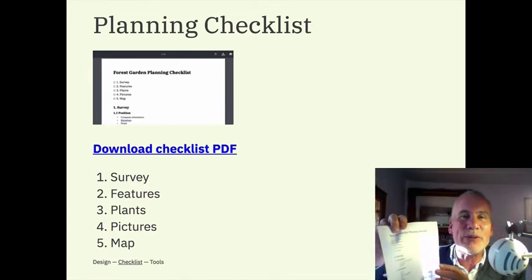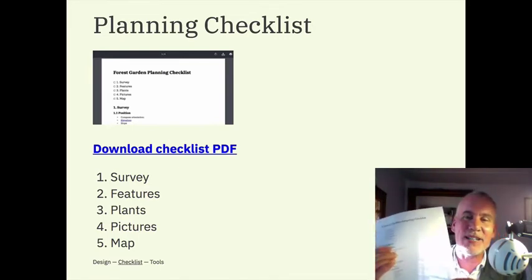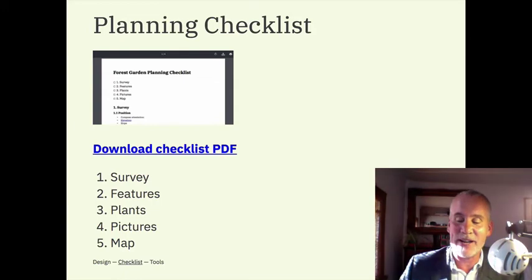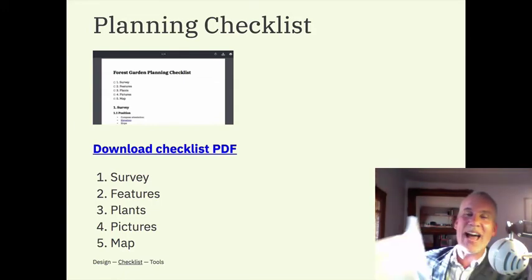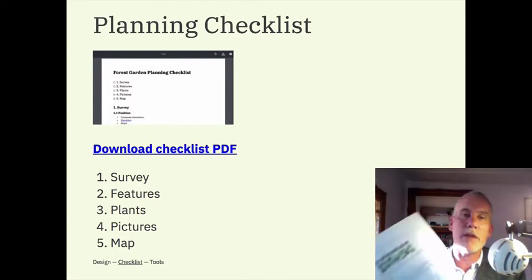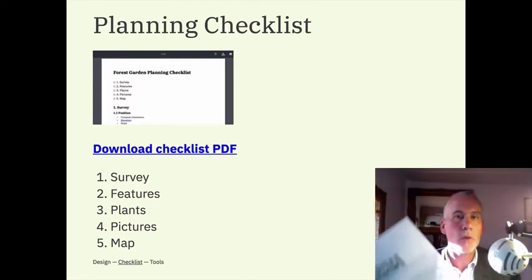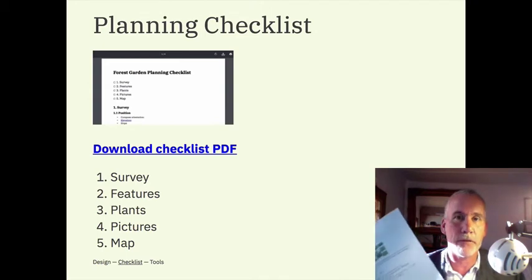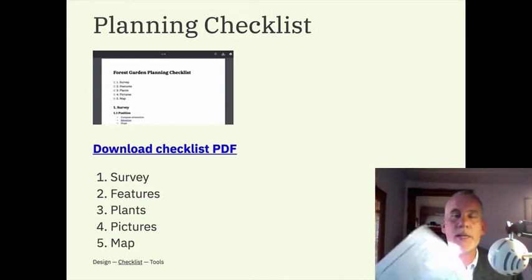So all the stuff that I'm talking about today is in this PDF. It's 4 sides of A4, with big gaps in it for you to write things down as well, and then a couple of references at the bottom too. So all the things I'm going to talk about for the planning checklist are on this PDF.